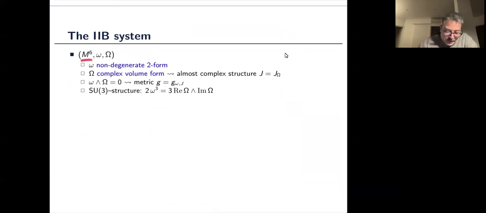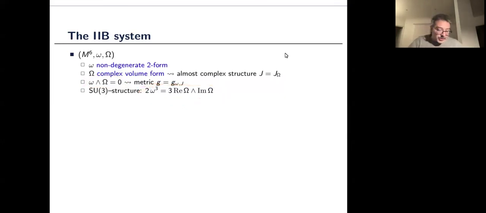I'm going to be working with a real six-dimensional manifold endowed with what we call an SU(3) structure. Here, little omega is a non-degenerate two-form, and capital Omega is a complex volume form, and they need to satisfy certain algebraic compatibility conditions. These are pointwise conditions like little omega wedge capital Omega is zero, plus normalizations of the volume forms.